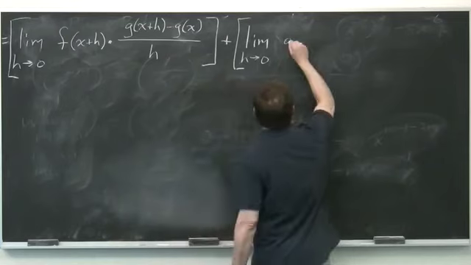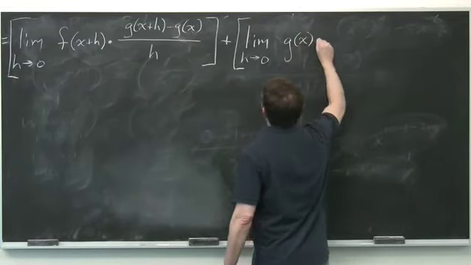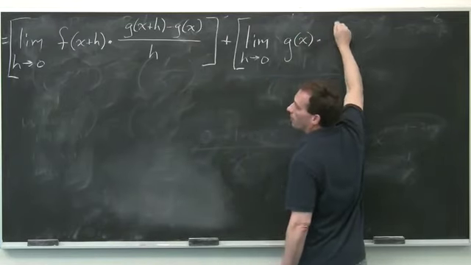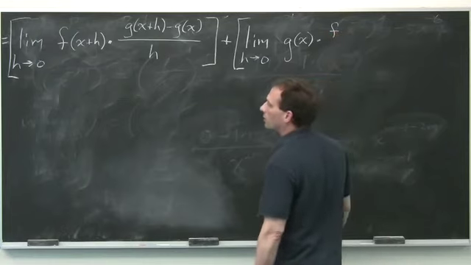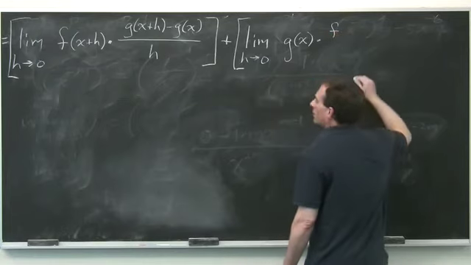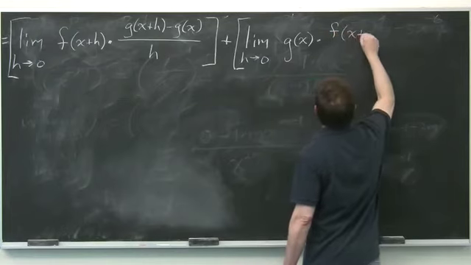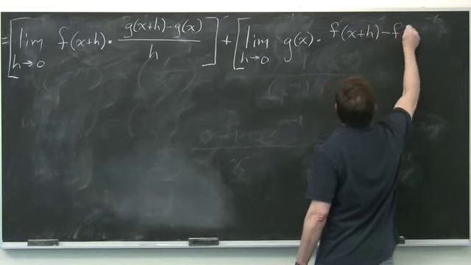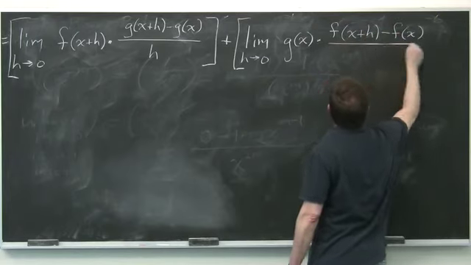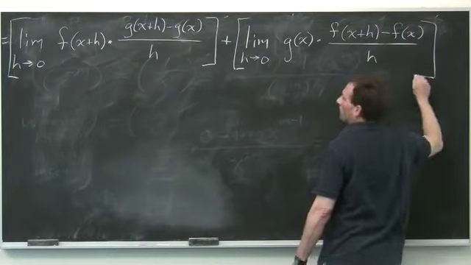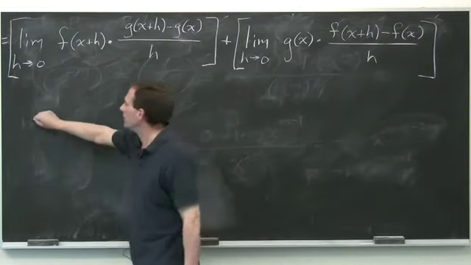So you get g of x times f of x plus h minus f of x over h. And now we're essentially done.